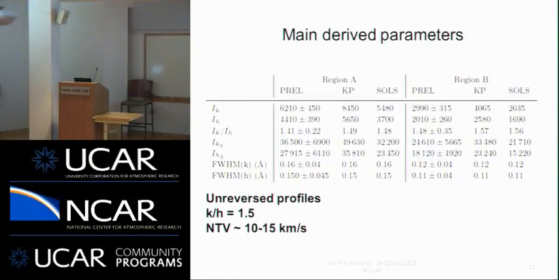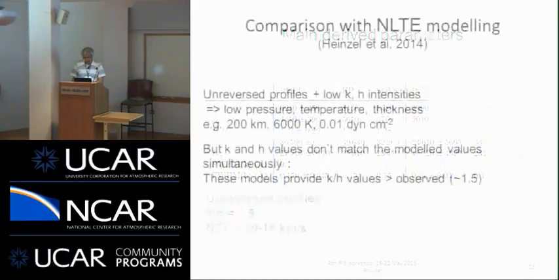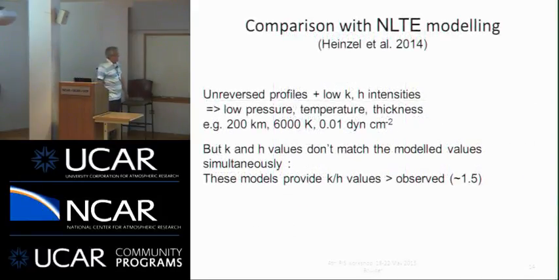Forget about that. Let us focus on the physical quantities, IK, IH, the ratio, which is around 1.41 to 1.5, so unreversed profiles, K over H about 1.5. And from the full width at maximum, we derive the non-thermal velocities of about 10 to 15 kilometers per second, which is important, provided we have a low temperature.